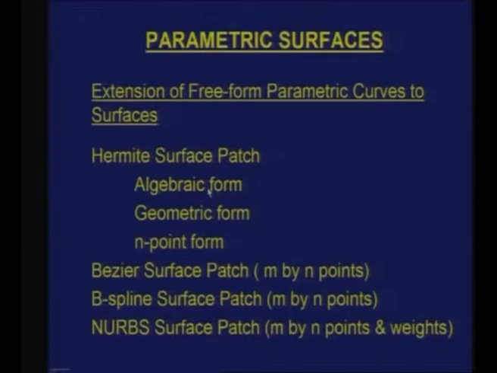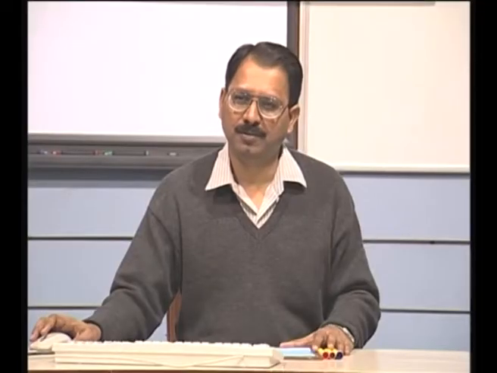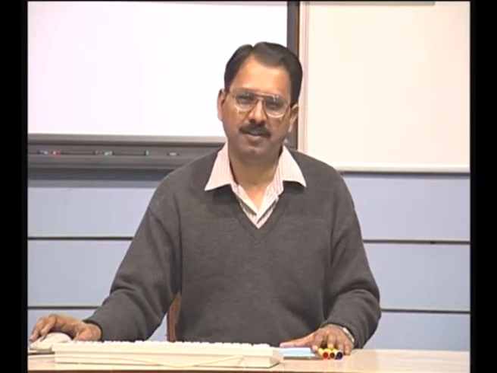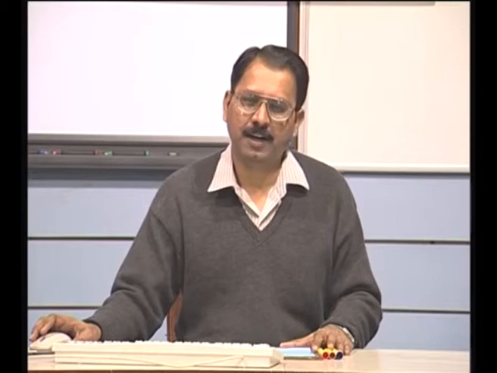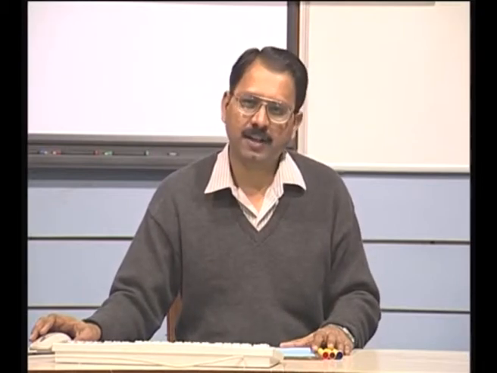I can use the algebraic form to represent it. If you recall, when we discussed parametric curves, how many unknowns were there? We had 12 unknowns. Now, x, y and z are parametric equations that are cubic in both u and w.